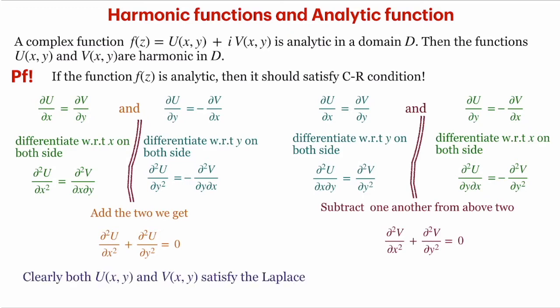So we have seen that both functions u and v satisfy the Laplace equation, hence they are harmonic. It is an extremely useful property if you are looking for more and more solutions to the Laplace equation. All you have to do is find a complex function which is analytic in the given domain or the complex plane itself.